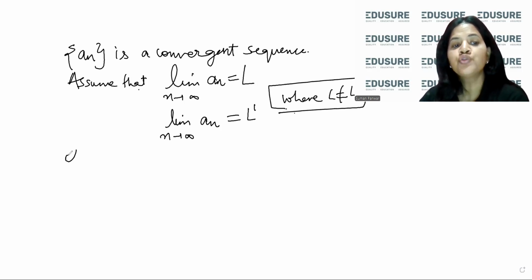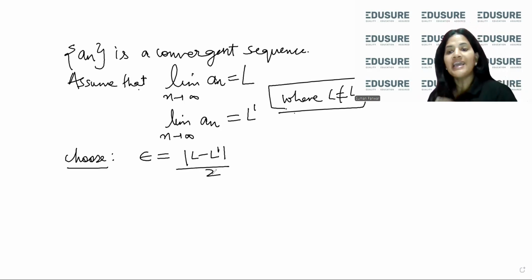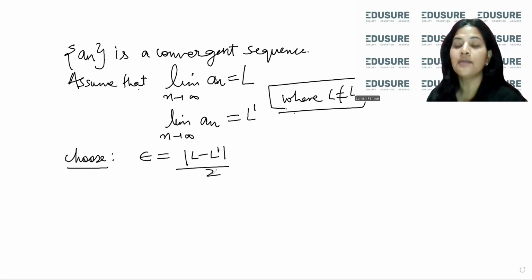Now choose epsilon to be |L - L'|/2. Because L is not equal to L', |L - L'| is a positive number, so this is a positive number.